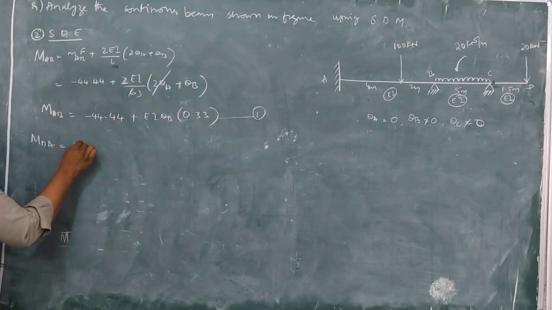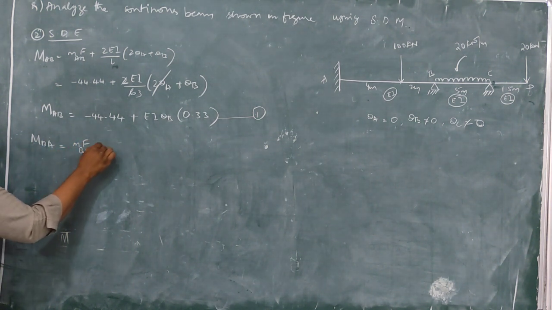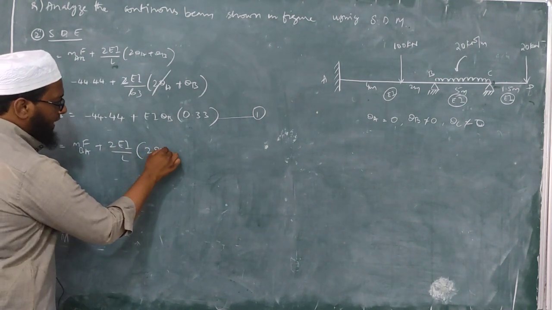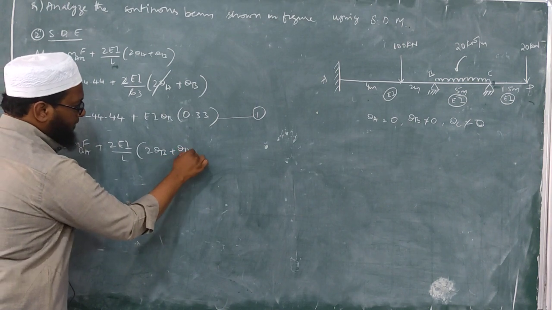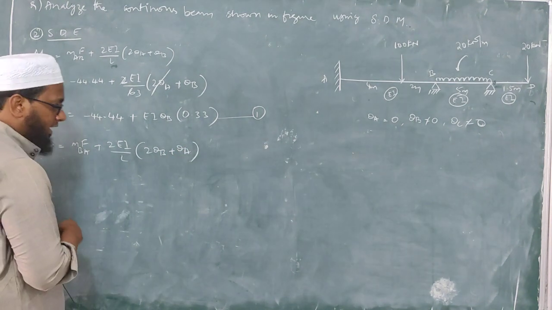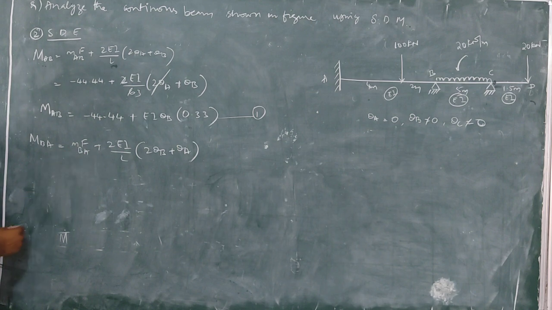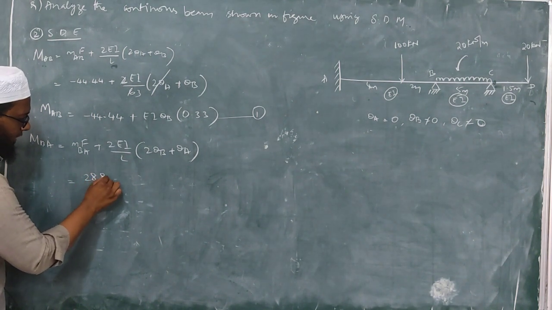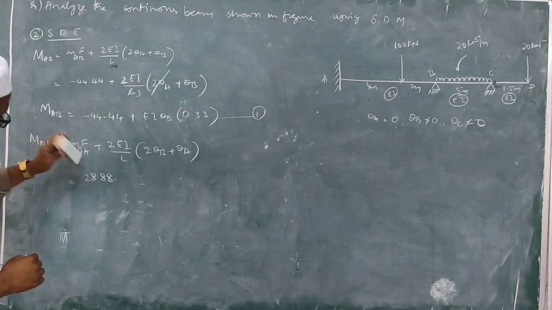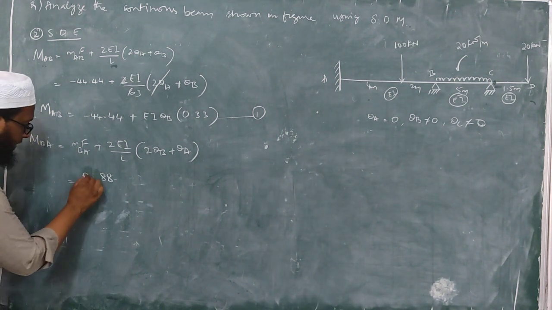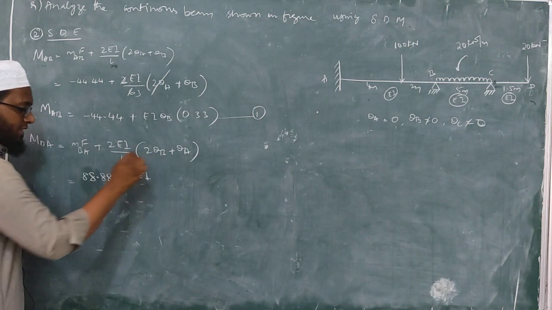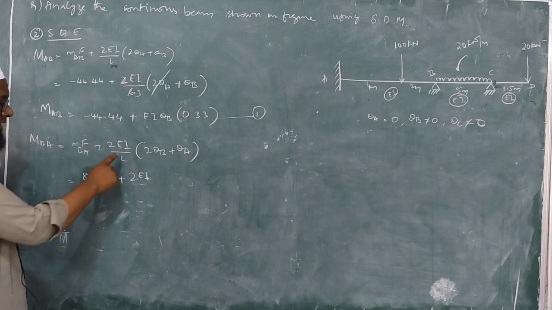MBA is equal to MFBA plus 2EI by L into 2 theta B plus theta A. Not theta C, theta A. So MFBA is how much we have? 88.88. Always remember, many students make mistakes in this EI.